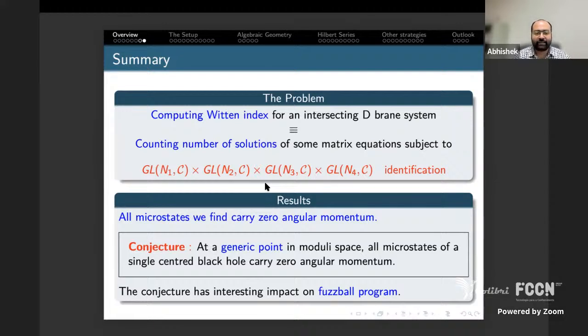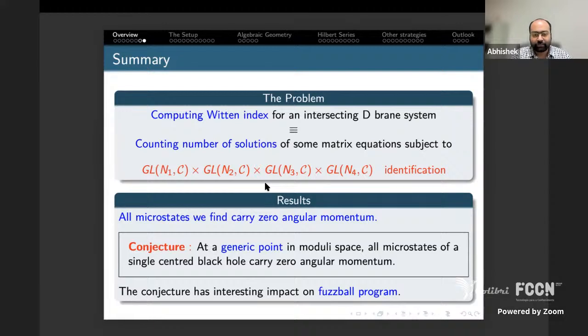And this will have an interesting, maybe I should say complications, for the fuzzball program, because in the typical fuzzball program, the solutions that you create carry angular momentum. If you are saying that those microscopic solutions that you are creating in the fuzzball program are actually the microstates of a black hole, then they should carry zero angular momentum, but that is not what usually happens in the fuzzball program.